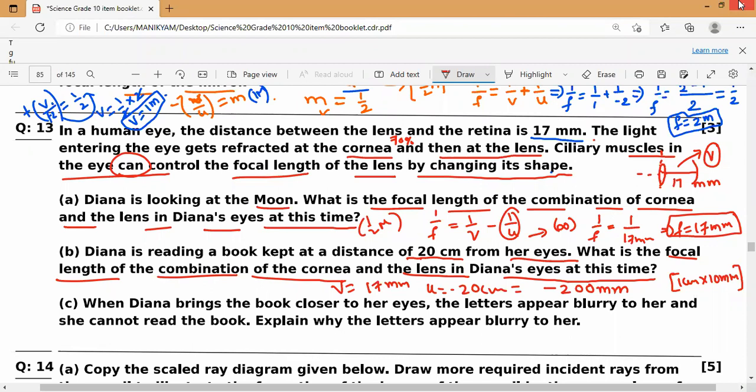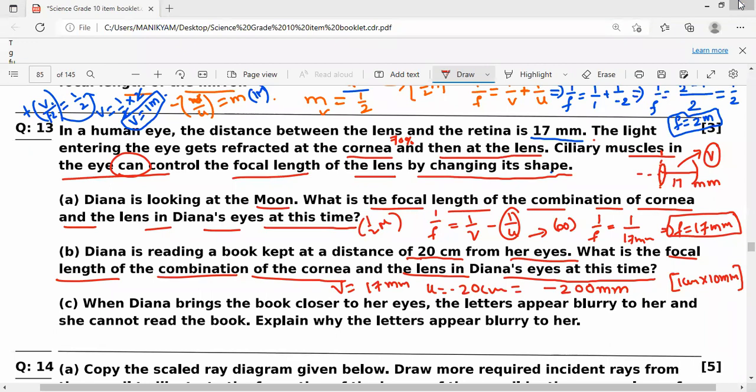Which one? 17 and 200. Sir, 1 by V minus 1 by U, sir. Minus 200, it will become plus, correct? Yes, very good. So 200 plus 17, 217 will come. So 217 divided by 3,400.